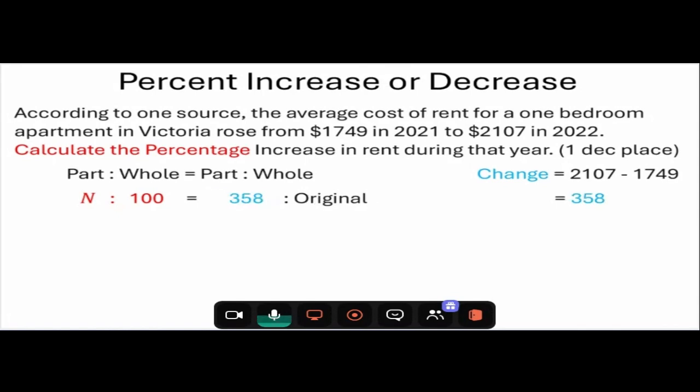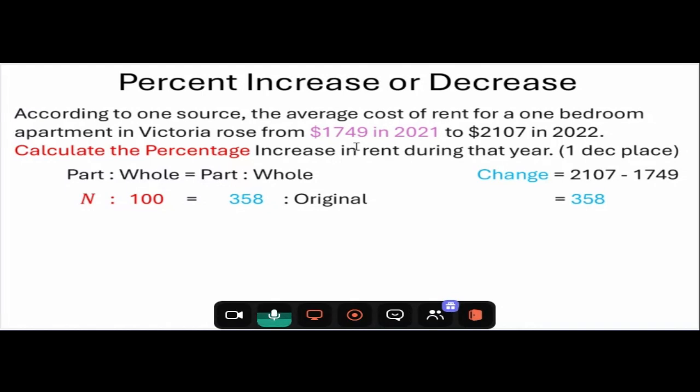So that is our part. So the part is the change. And then on the right-hand side, we want the original rent price. So it's either going to be this number here or this number here. It's whichever one came first. So be careful. It's not always the smaller one, because if the price of rent went down, the original would be the bigger one, right?